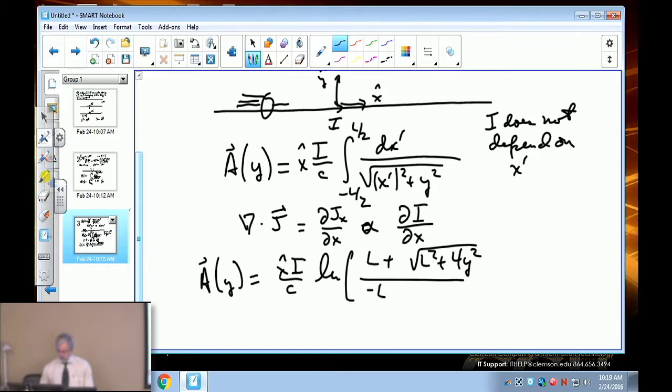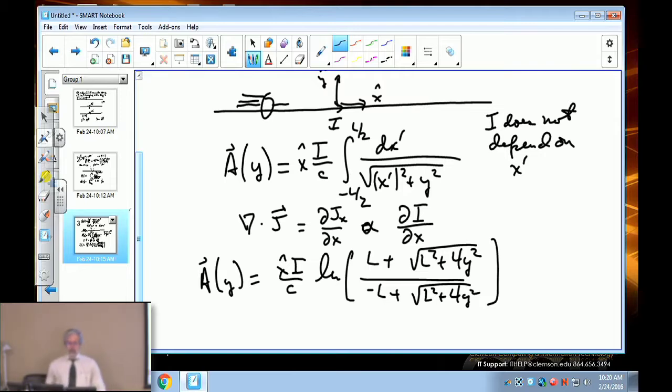This is using the indefinite integral and evaluating at the two limits. Okay, so that's perfectly valid for every value of y, but remember we assumed it's right on the midpoint, but it works for all values of y. We have not yet made the assumption that L is much greater than y. So this is valid for any length of line.